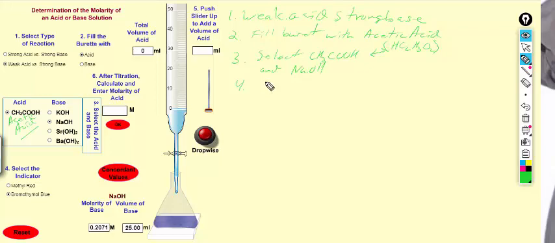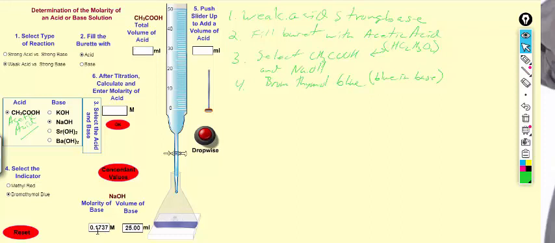Select the indicator. Bromethymol blue. That fills the flask with the base. So bromethymol blue is blue in base, and you'll see a color change here when we add.